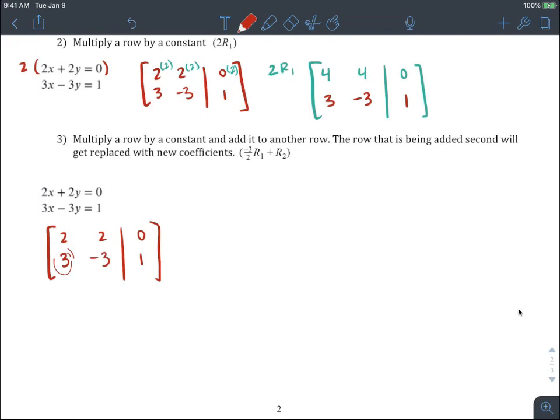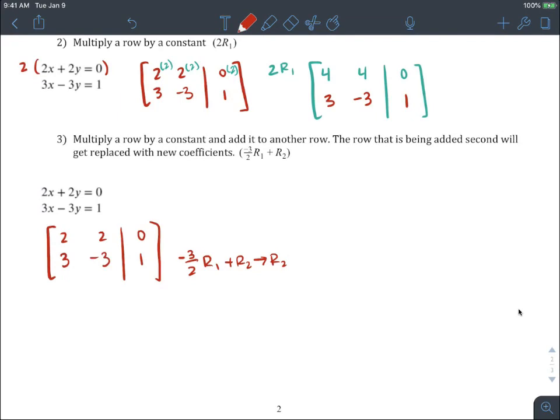So what I'm going to do is I'm multiplying row 1 by -3/2, and then I'm going to add it to row 2, and that gets replaced into row 2. Okay?